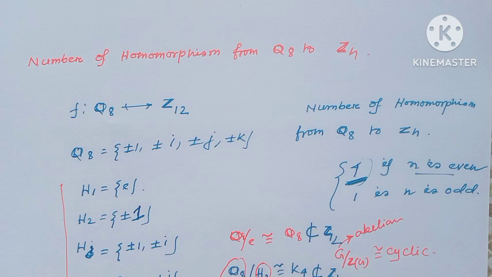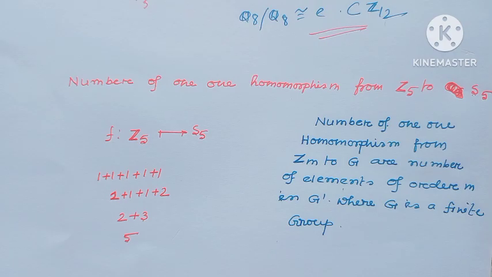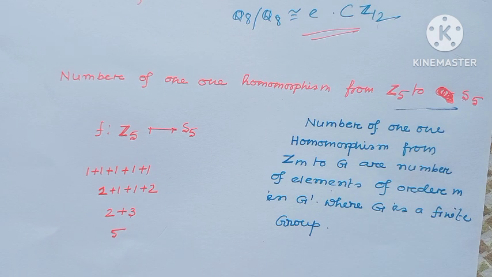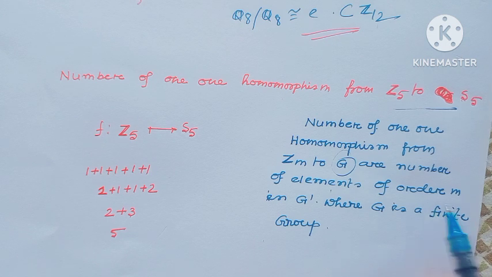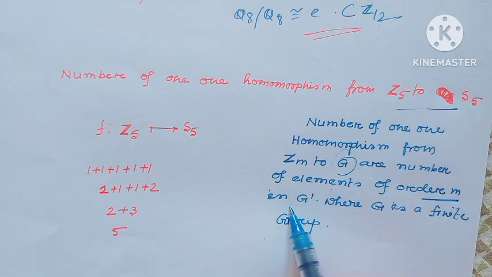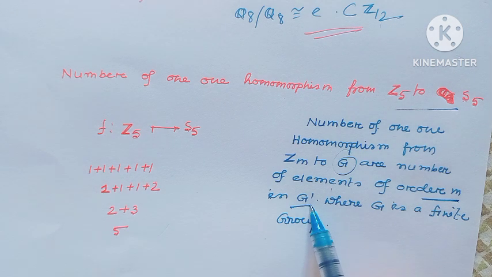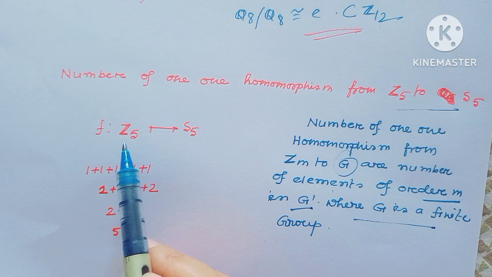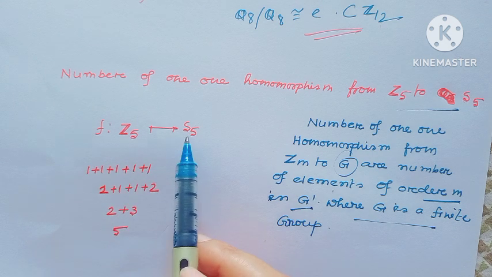Okay. Next I will find the number of one-one homomorphisms from Z5 to S5. This is the trick: the number of one-one homomorphisms from Zm to any finite group G is the number of elements of order m in G. Here the question is the number of one-one homomorphisms from Z5 to S5.